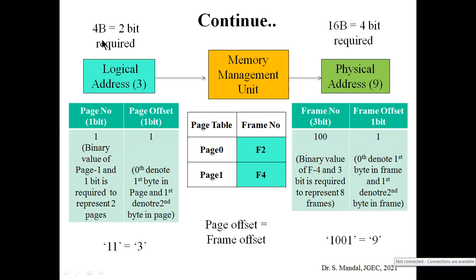To indicate 4 different values, we need 2 bits to express it. Okay, so there is 0, 1, 2, 3, all 4 combinations are possible.